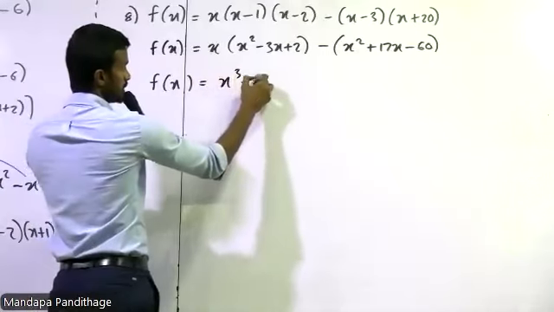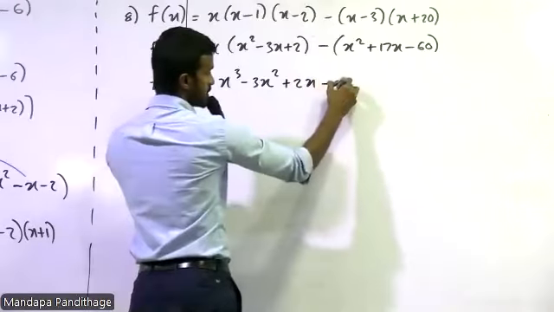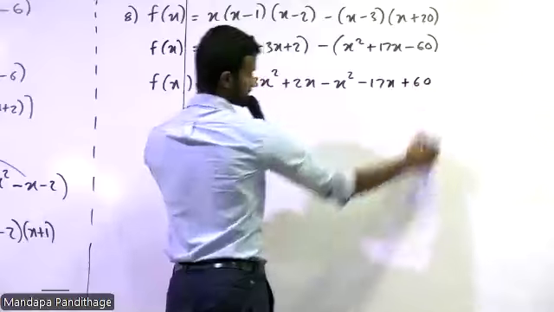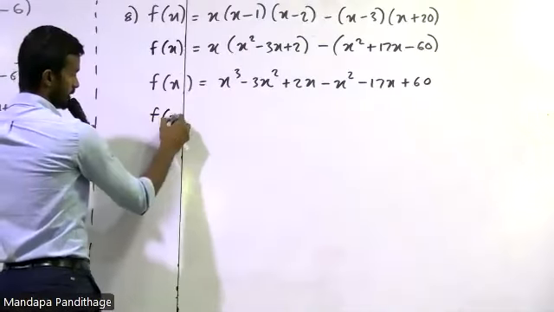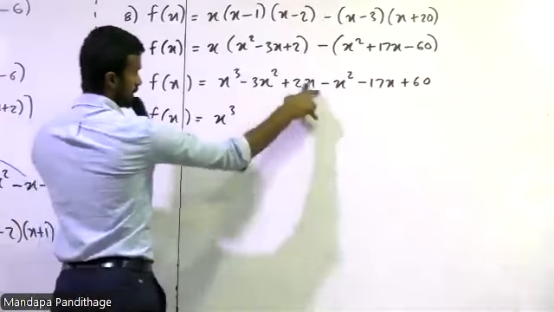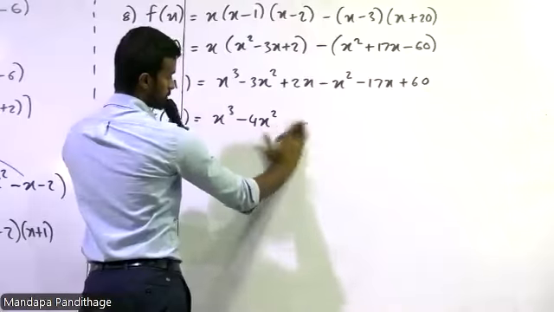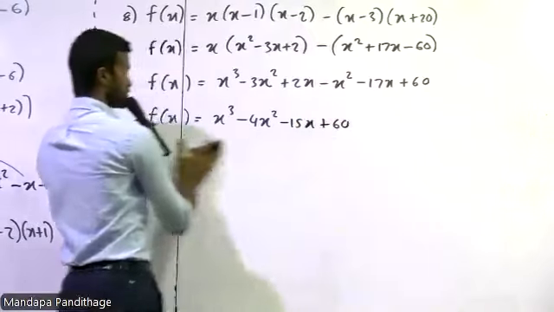So x cubed minus 3x squared plus 2x minus x squared minus 17x plus 60. Okay, then you can simplify it. f(x) is equal to x cubed minus 4x squared minus 15x plus 60.